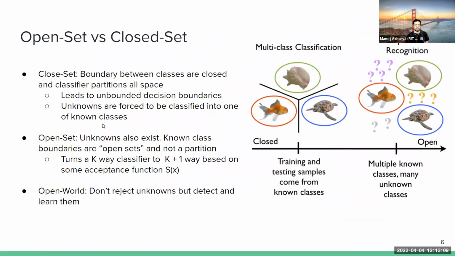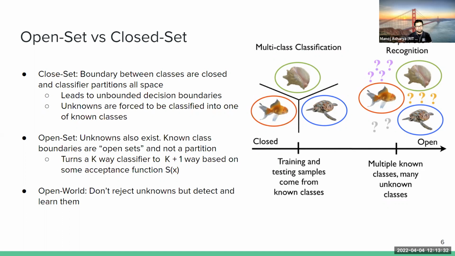Okay, so let's define the difference between open set and closed set assumptions, right? If you see here, this is a three-way classifier. You have three object categories. Now in a closed setting, what you are doing is partitioning the decision space into three partitions, right?